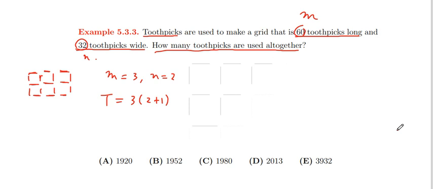So if we have N equal to 2, then we have 3 rows.